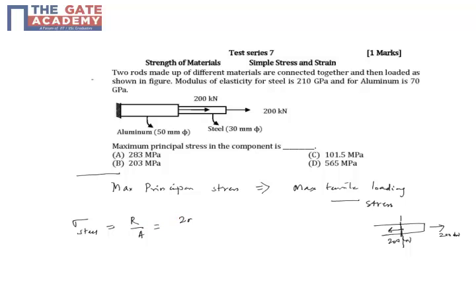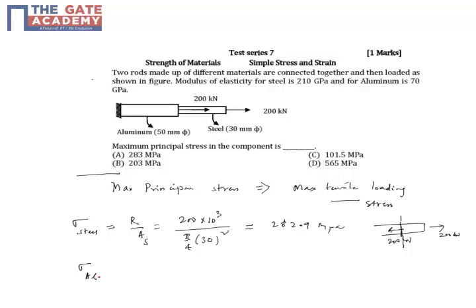So 200 times 10 to the power 3 divided by the area of cross section of the steel, which is pi by 4 d square, with d equal to 30, so 30 whole square. Using Newton in the numerator and mm square in the denominator, this value comes out to be 282.9 MPa. So this was steel.